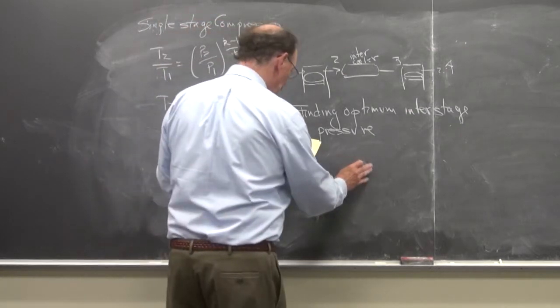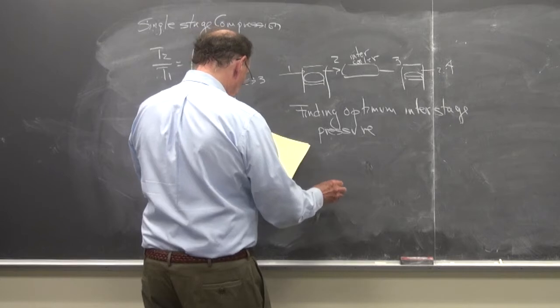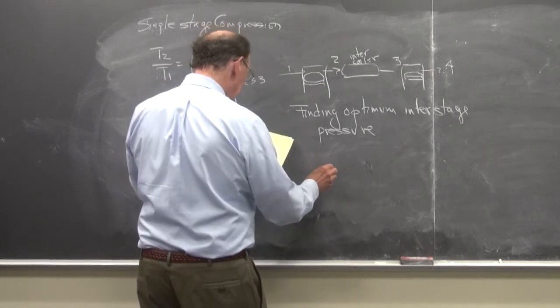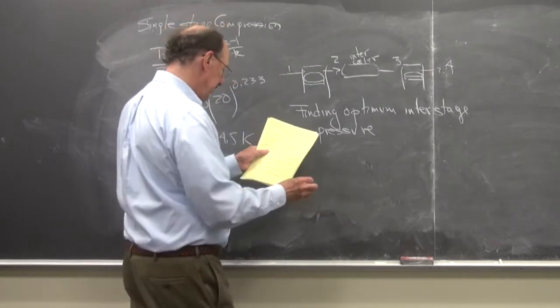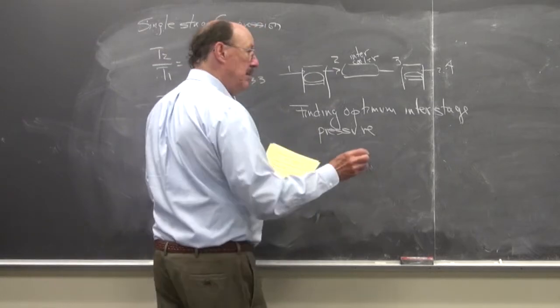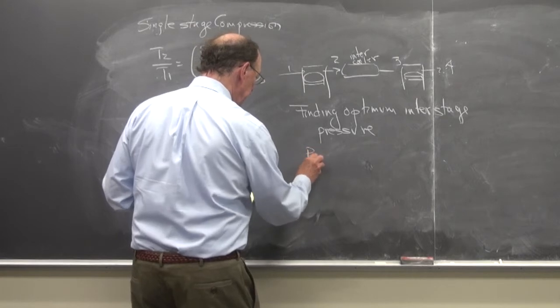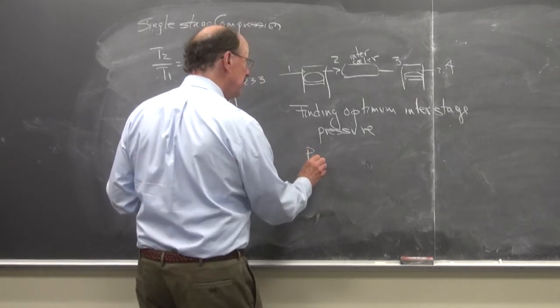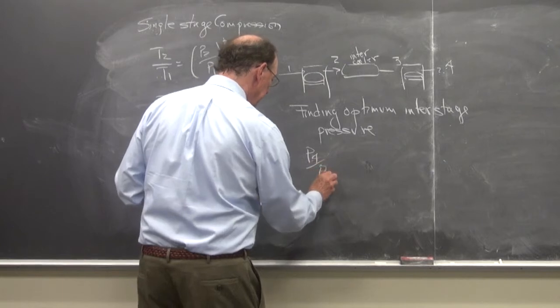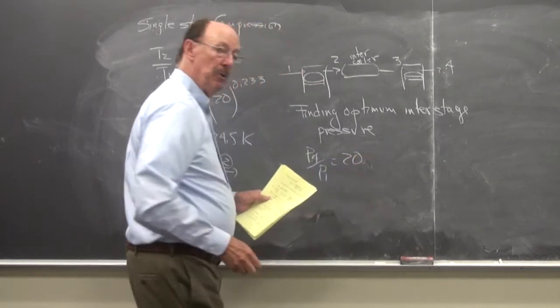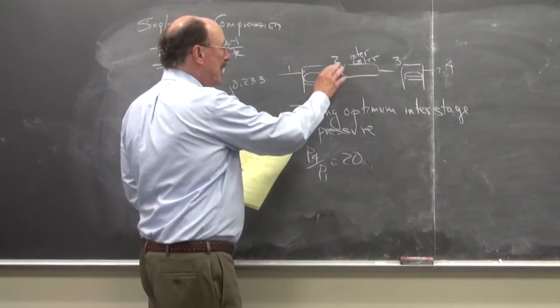So what I'm going to do is that we look and we find that the optimum interstage pressure is, we saw that P2 over P1, or in this case P4 over P1, is equal to 20. So what I'd like to find out is what is the best value for P2.